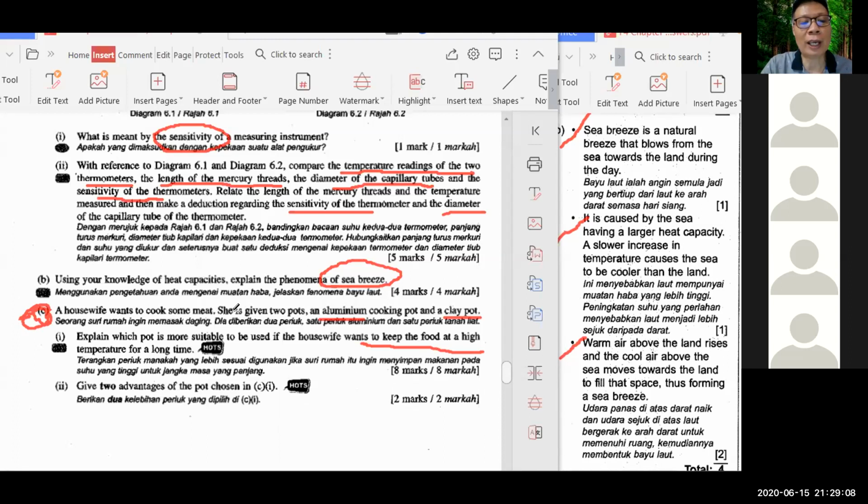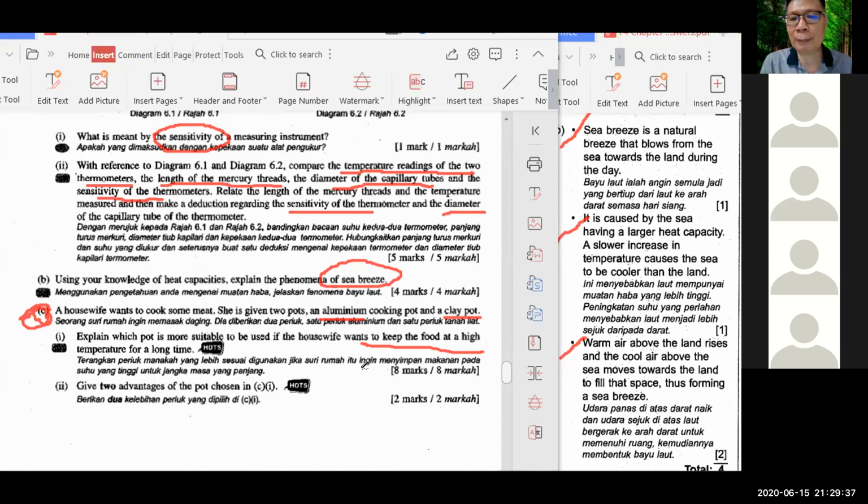A housewife is given 2 pots, one aluminum, the other clay. The purpose is to keep the food warm for a longer period. Wanting to keep the food at high temperature means you need to find a pot that can keep the food warm, and give 2 advantages. Roughly it is like this.